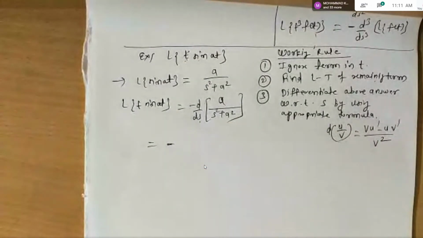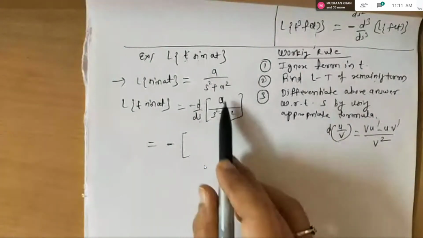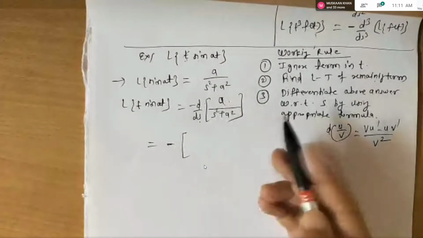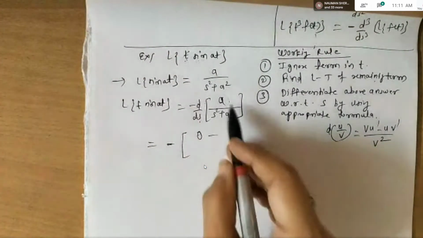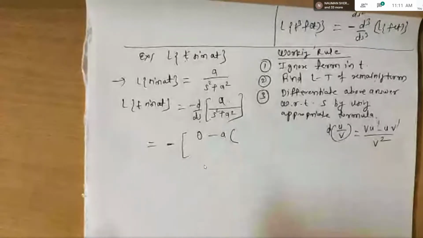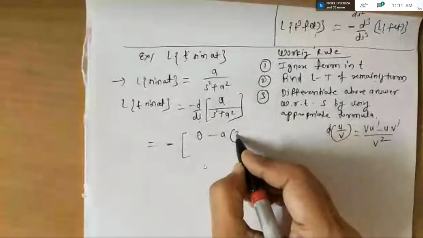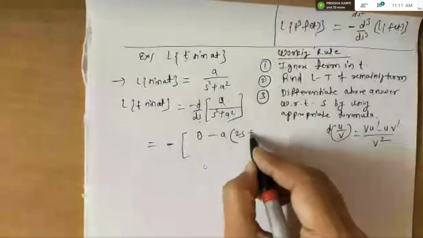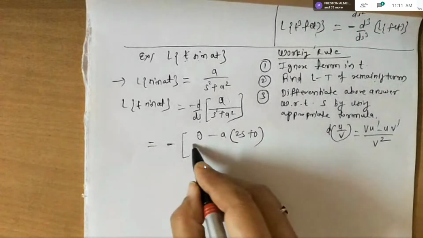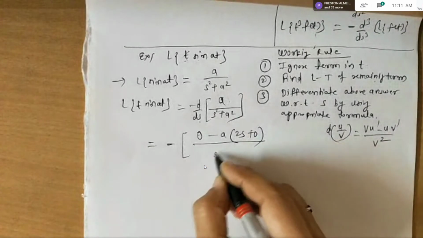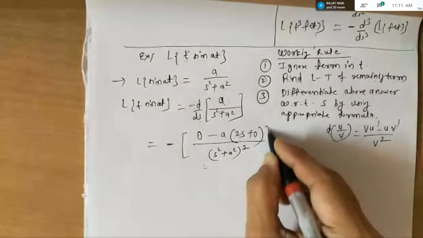So the minus sign stays as it is. Now see, denominator into derivative of numerator. Derivative of a is 0, so the first term will be 0. Correct? Minus numerator is a, and what is the derivative of s square plus a square, students? What is the derivative of s square? It is 2s, right? And the derivative of a square will be 0 because it is constant. Divided by denominator square, s square plus a square, the whole bracket square.